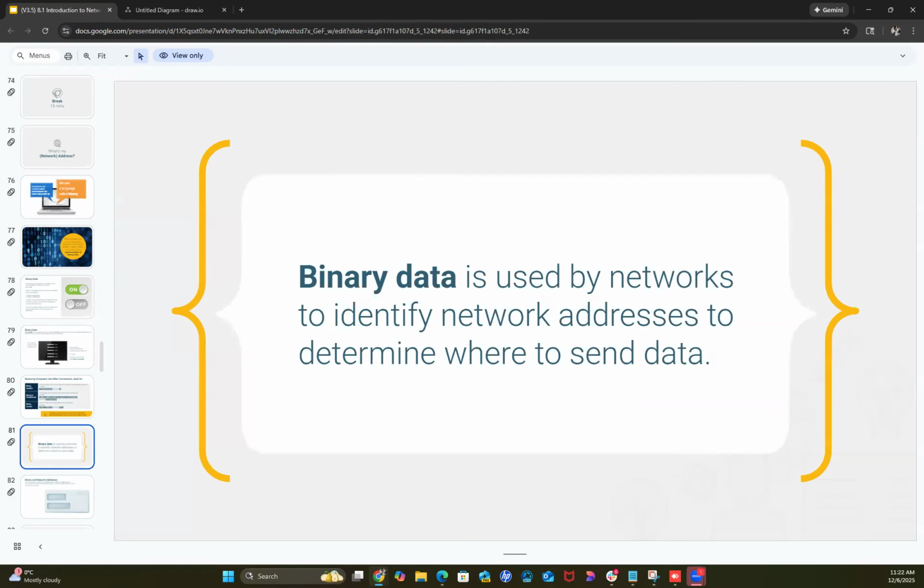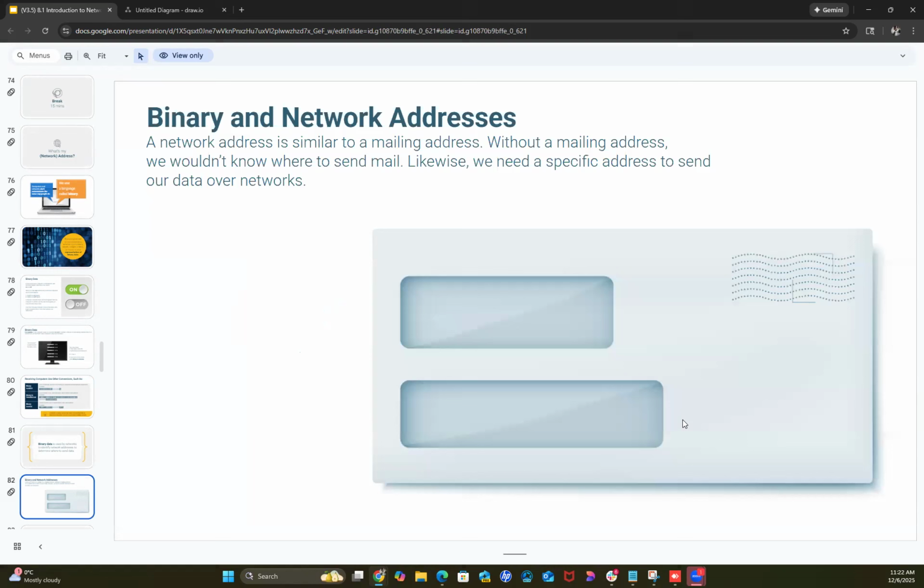So binary data is used by the network to identify the network address to determine where to send data. A network address is similar to a mailing address. Without a mailing address, you would not know where to send mail.